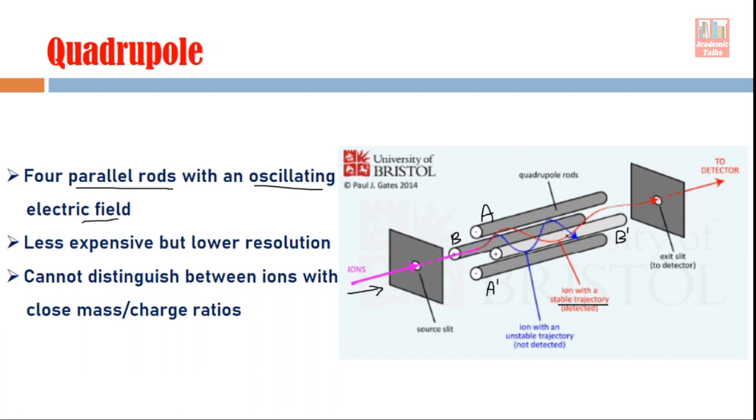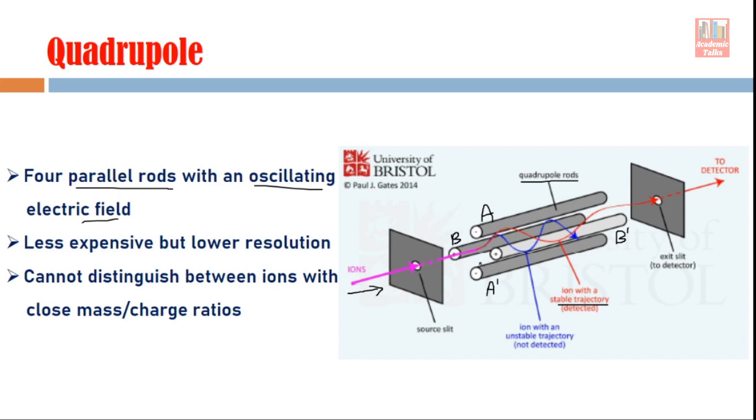You can see this blue line, and they will hit these rods before exiting this assembly, right? This blue line has reached only up to this particular point, and that way it will not be able to exit this assembly, right?